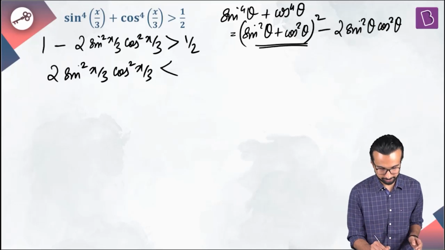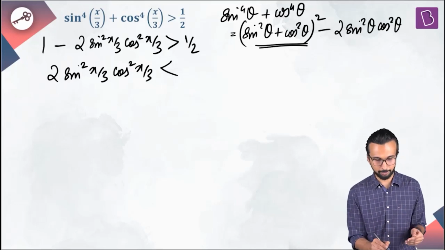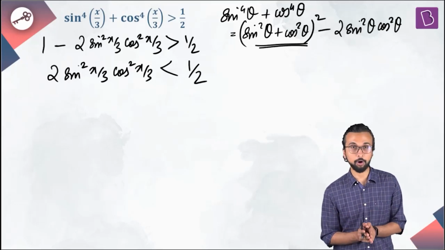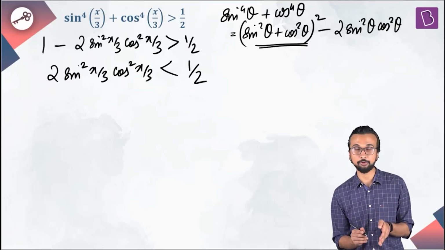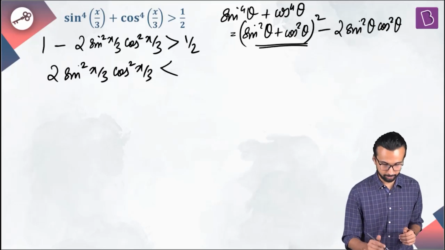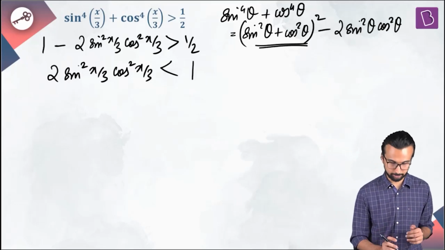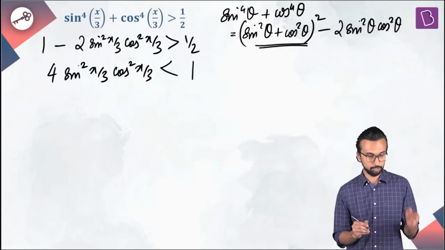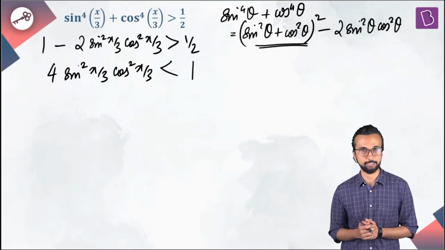The sign will flip, and you get 1 minus 1 by 2, which is 1 by 2 here. Now I'll take the 2 from the denominator of the RHS to the numerator of the LHS. The RHS becomes 1 and the LHS becomes 4 sin square x by 3 cos square x by 3.